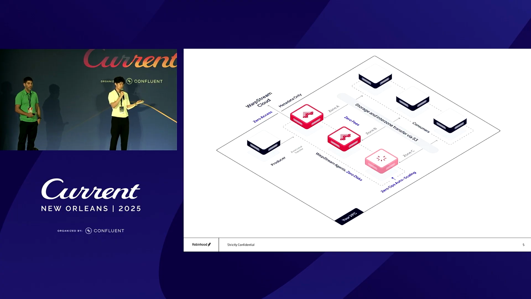As I mentioned before, these agents are stateless, so you can see there's zero ops auto scaling. And one other thing that's really interesting is that you can configure the WarpStream agents to prefer clients in a certain availability zone. That also helps to further reduce the cost of inter-AZ networking fees.